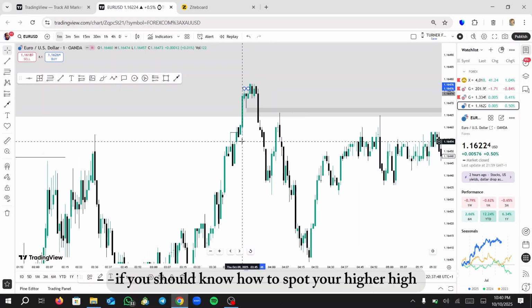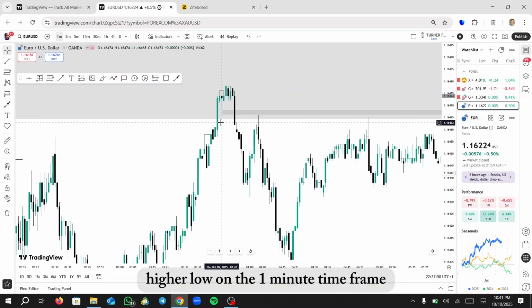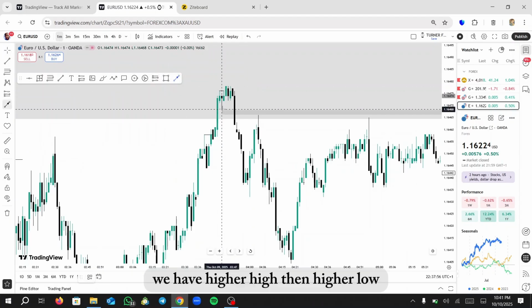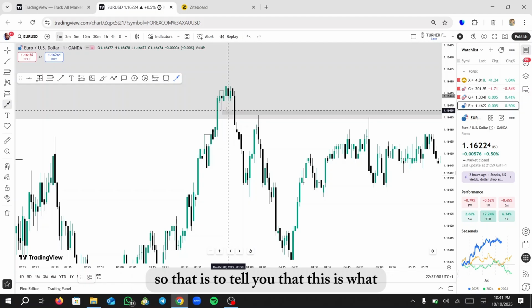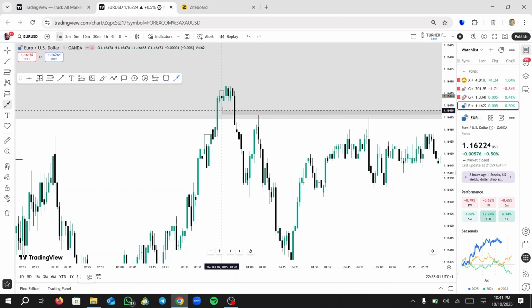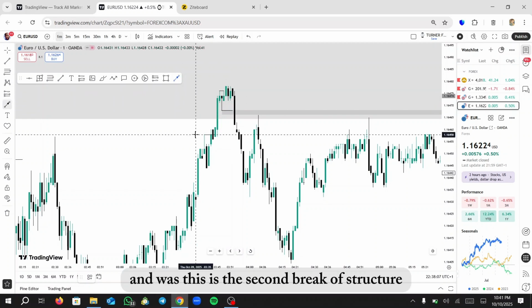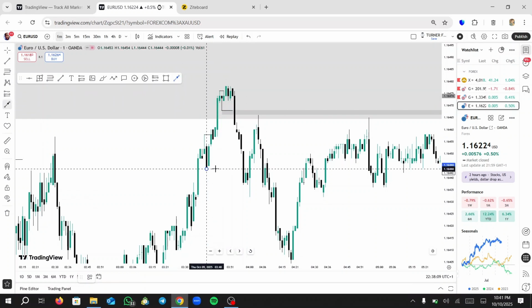If you know how to spot your higher low on the 1 minute time frame, then you are good to go. So now, as you can see, we have higher high then higher low. That tells you this is the first break of structure, and this is the second break of structure.